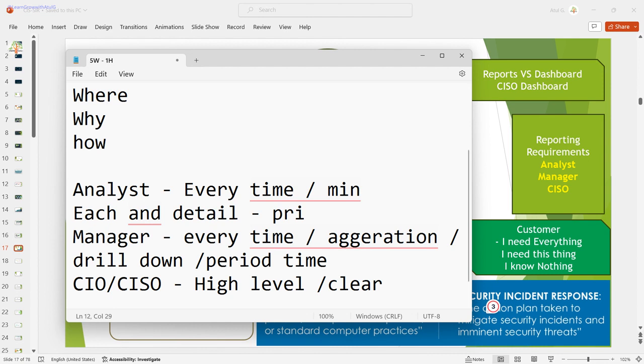They show each and everything, and that dashboard contains a closed versus new incident comparison. It provides the average time to identify, contain, and eradicate any security incident, so the CISO can see why the average time is more. It should be less actually. So in that manner they can do it.